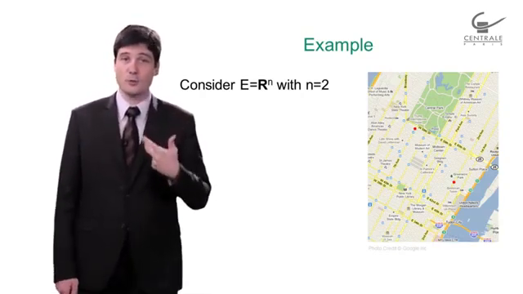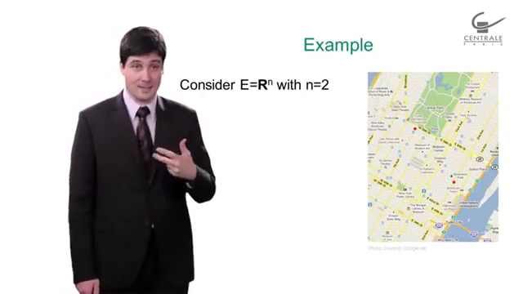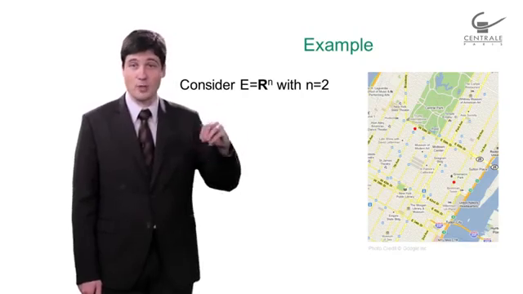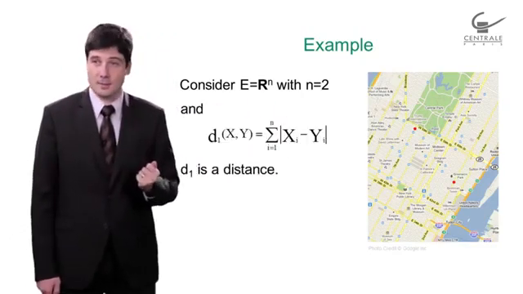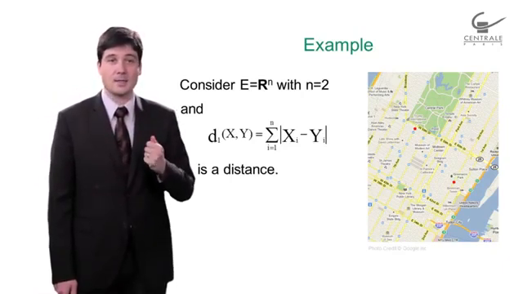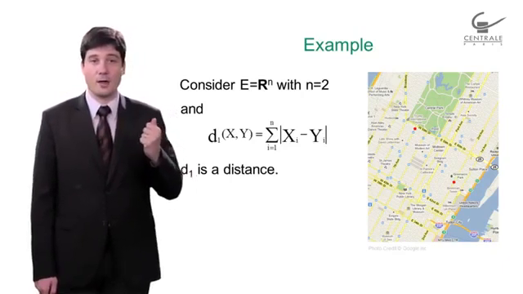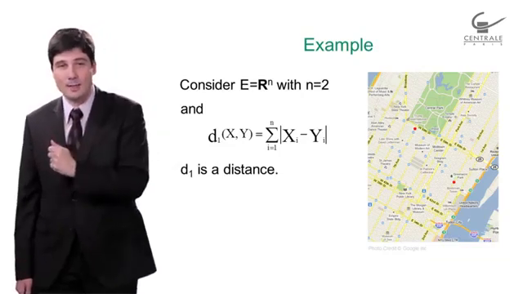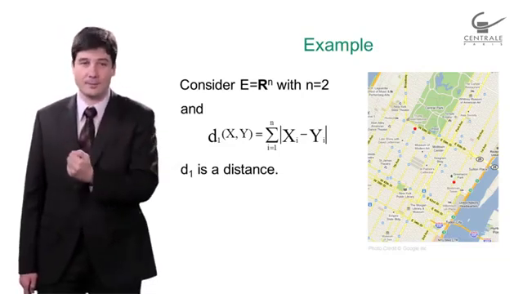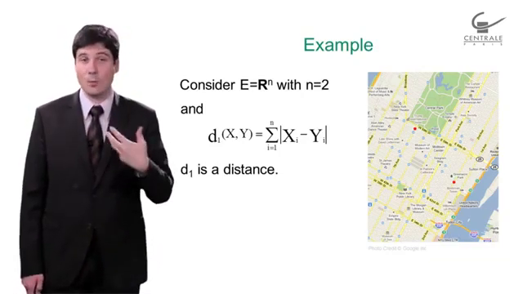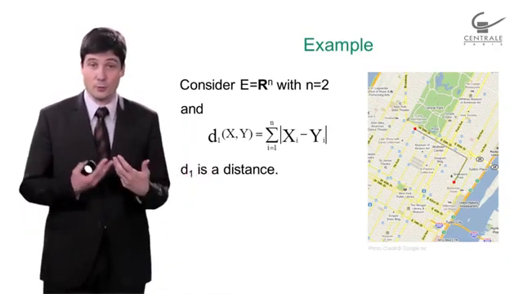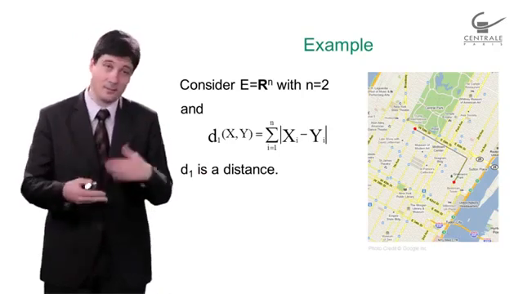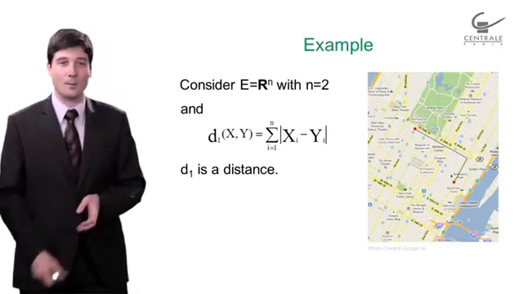If you want to compute the distance it takes to go from one point to the other, you're going to compute d1. And d1 is the sum of |x1 minus y1| and |x2 minus y2|. In this case, d1 is a distance function.